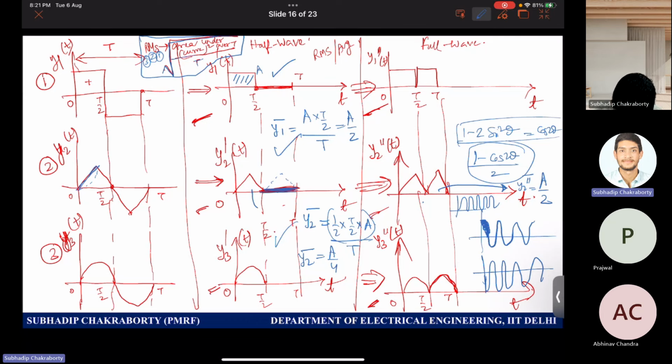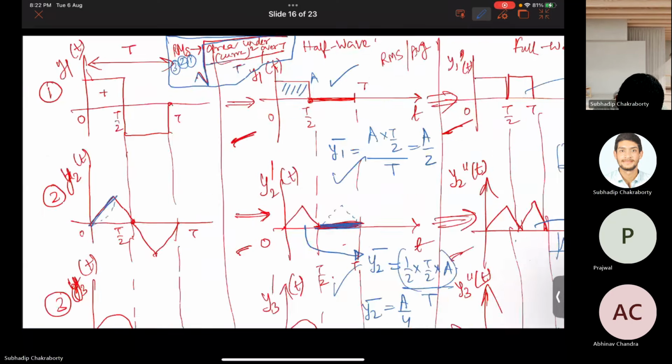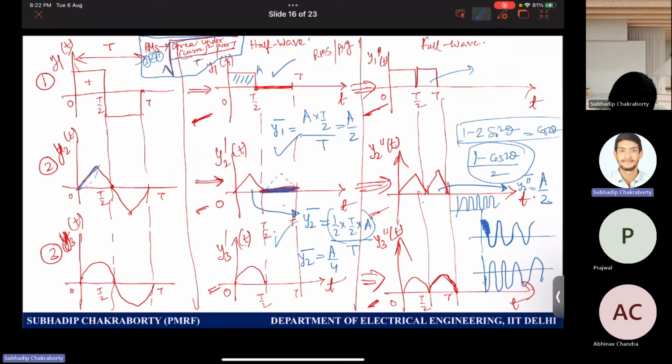And for this one, you have Y2 bar, which is A by 4. And for this one, obviously no need to explain, because by seeing this waveform you know this is a flat curve of strength A. So the average is also A.